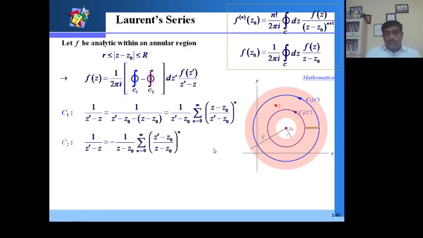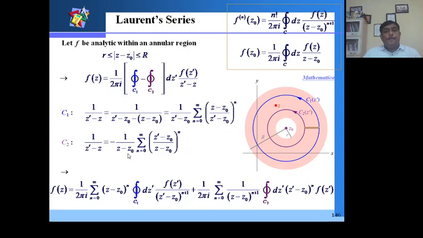Similarly, for C2 it becomes z dash minus z, then 1 minus 1 by z minus z0. You get a positive as well as a negative series. Then the combination of these two gives a Laurent series.